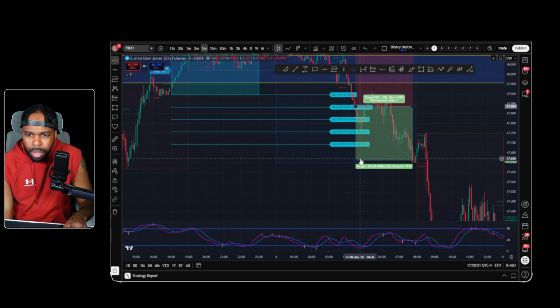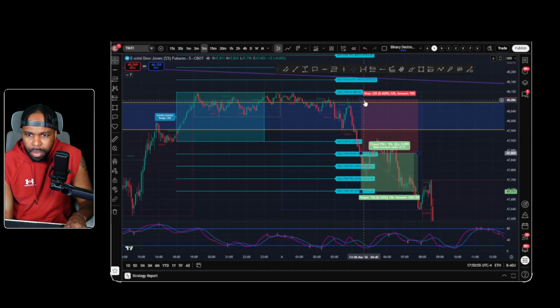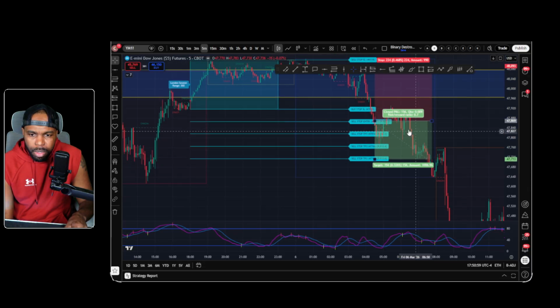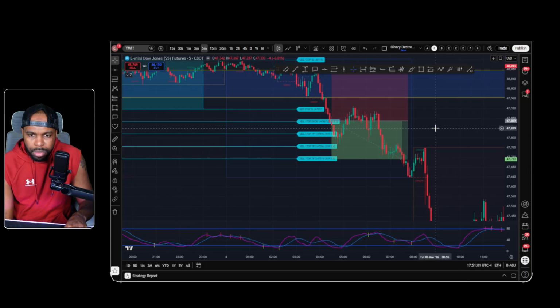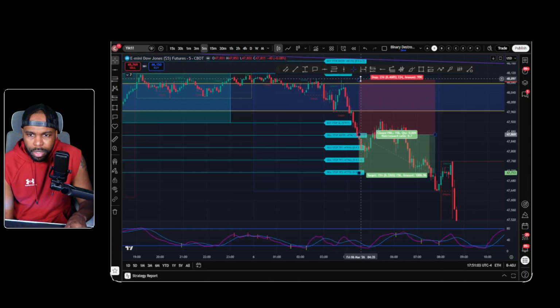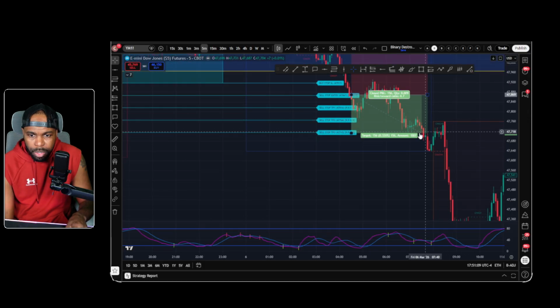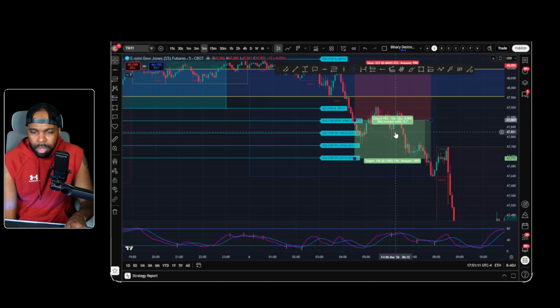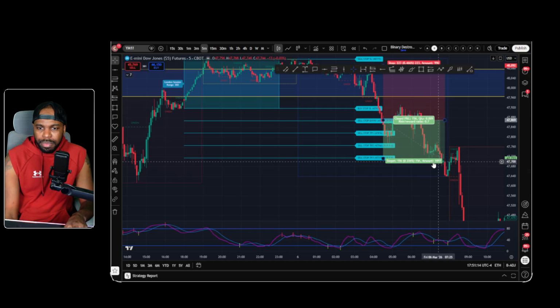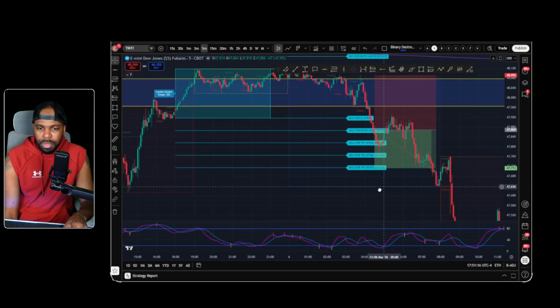Okay. And you would have targeted TP3. I would have put my stop above this zone here, just in case price comes into that zone. Because you don't want to have a stop loss this short. You would have gotten stopped out if price had come up to that zone. But if you'd put your stop there, you would have been safe, and you would have caught this whole move to the downside for TP3, sell stop TP3. You would have won that.